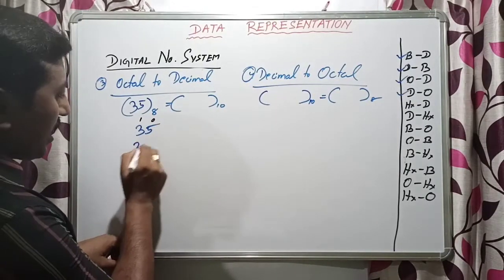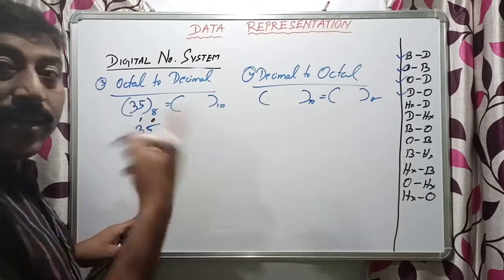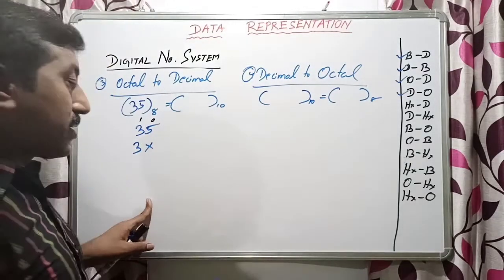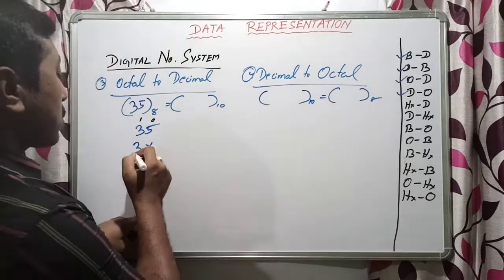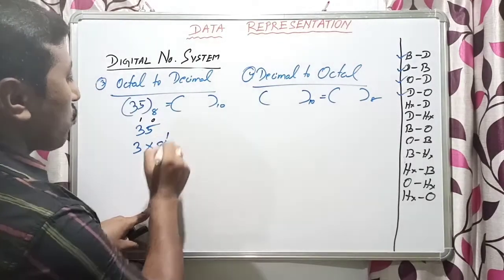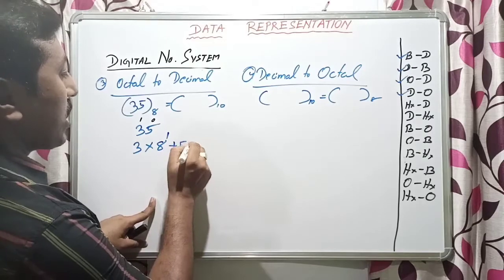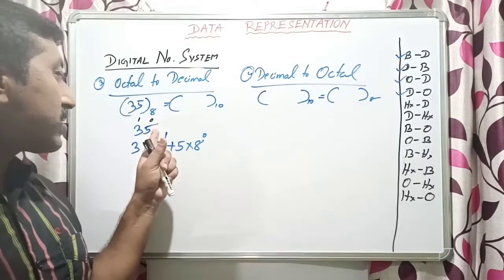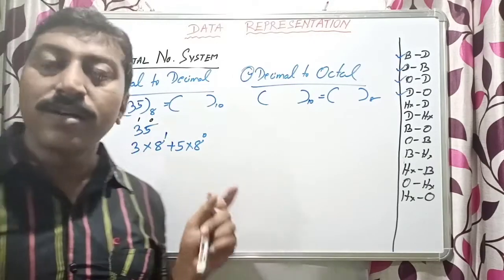So 3 into, in the earlier case it was 2 to the power something because binary numbers were there. But here it is octal. So 3 into 8 to the power 1 plus 5 into 8 to the power 0. In that case I had taken this one first, but I have written 3 here. No problem.